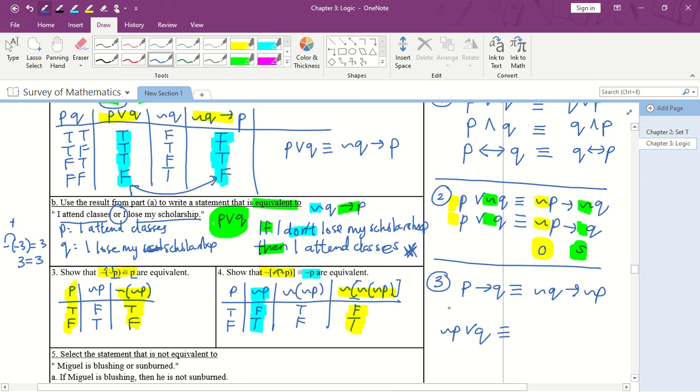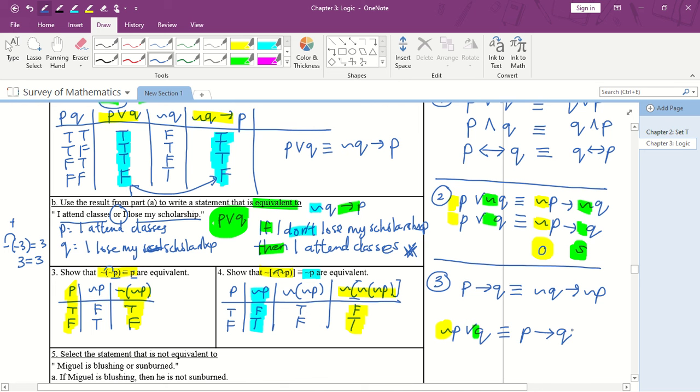What I need to do is remember, here are opposite and here are the same. So I will write here opposite, negation P will be P. I will draw a conditional and the same, P to Q. So that is the answer.